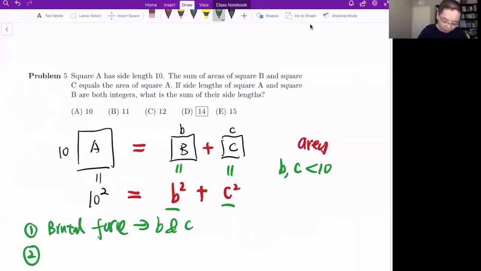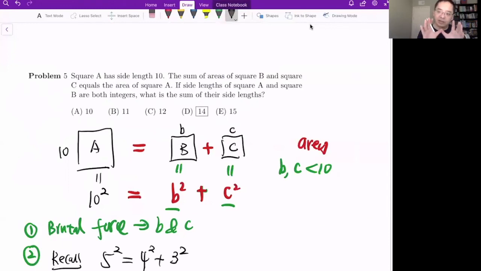If you recall, 5 squared equals 4 squared plus 3 squared, right? This is the most famous Pythagorean triple. If you compare, 5 corresponds to 10, 4 to b, and 3 to c.